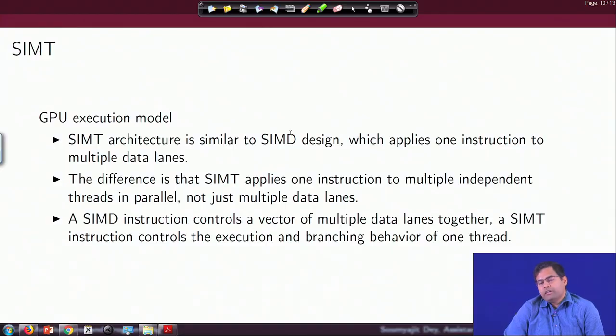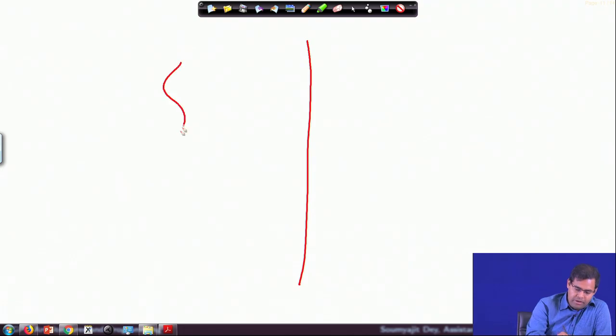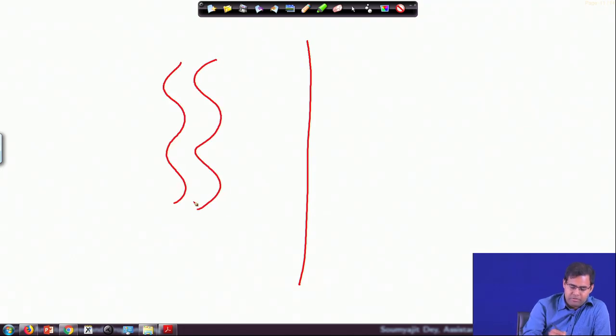Alternatively, I can look at it like this: I have a single thread of execution, but each point of execution is working on multiple different data points. So, just to make things very clear and not to get confused, I can say that these two pictures are quite equivalent. I have two threads which are executing like this, but whatever they do here, there is an add on vectors.